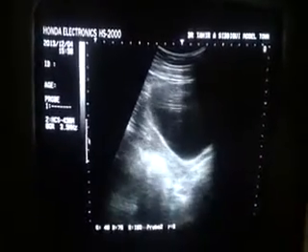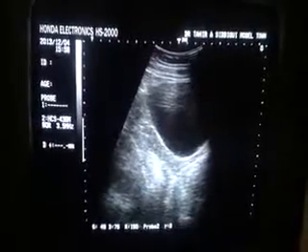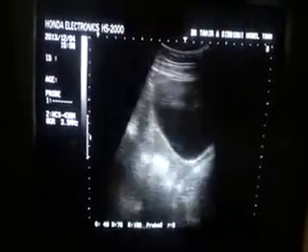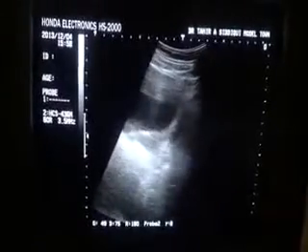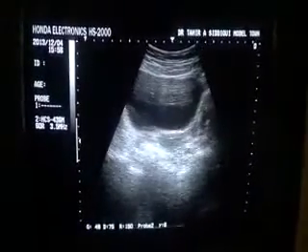This is the uterus. This is the uterus. So hypoplastic uterus, hypoplastic left ovary.